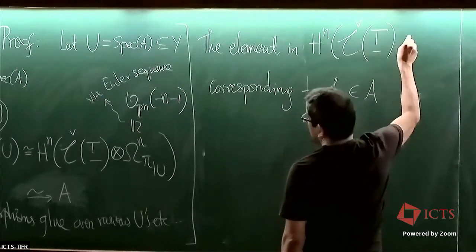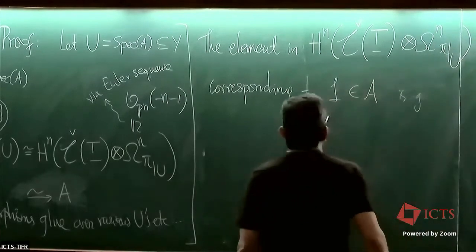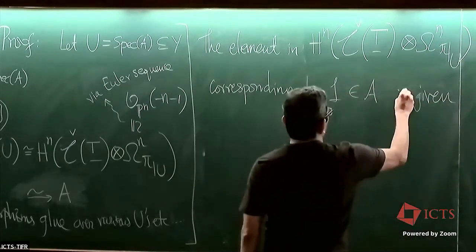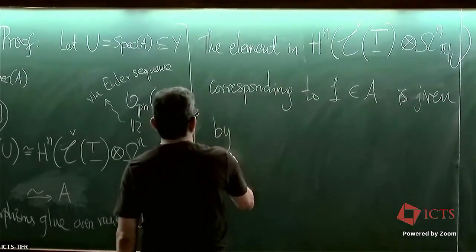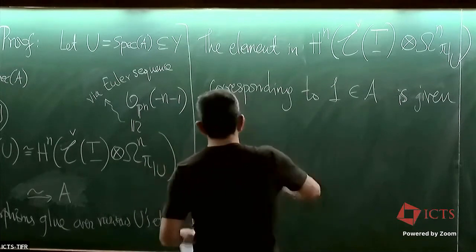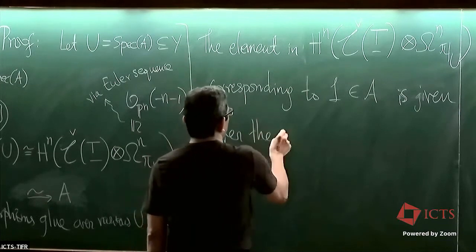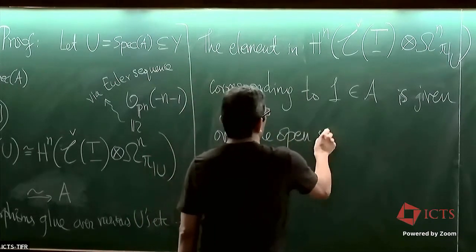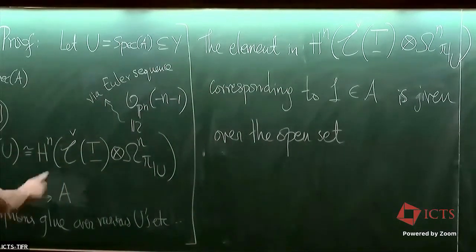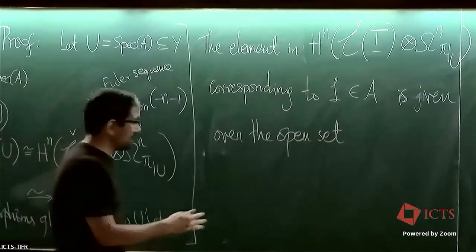So the sequence, tensor to omega, restricted to U, is given over the open set. So this is the nth Čech cocycle. So therefore, you have to go to the (n+1)-fold cover intersection.